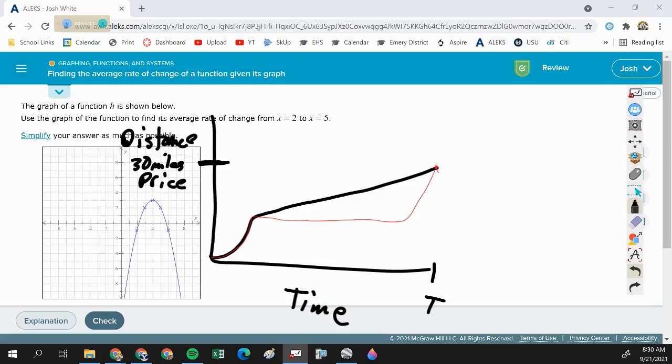But let's say every 10 seconds the passenger in the car wrote down the speed. Okay? So the first 10 seconds they write down the speed and they say, "Oh, we're going 15 miles an hour." And then the next 10 seconds you're going 30. Then the next 10 seconds you're going 45. The next 10 seconds you're going 60.